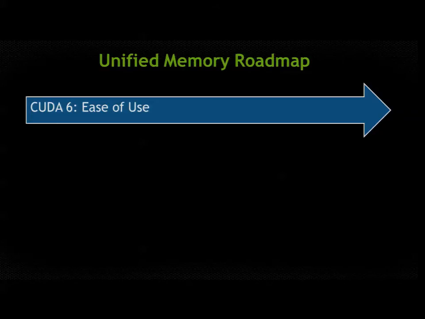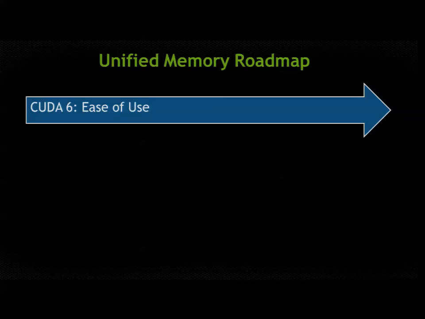Yeah, and so actually I have a slide. Let's see. Oh, here is the unified memory roadmap. So right now, CUDA 6 is really just exposing this mechanism. It's for people to get used to it, to play with it. But we have to live with the fact that we're not actually having a mechanism on the GPU that gives us the page faults.